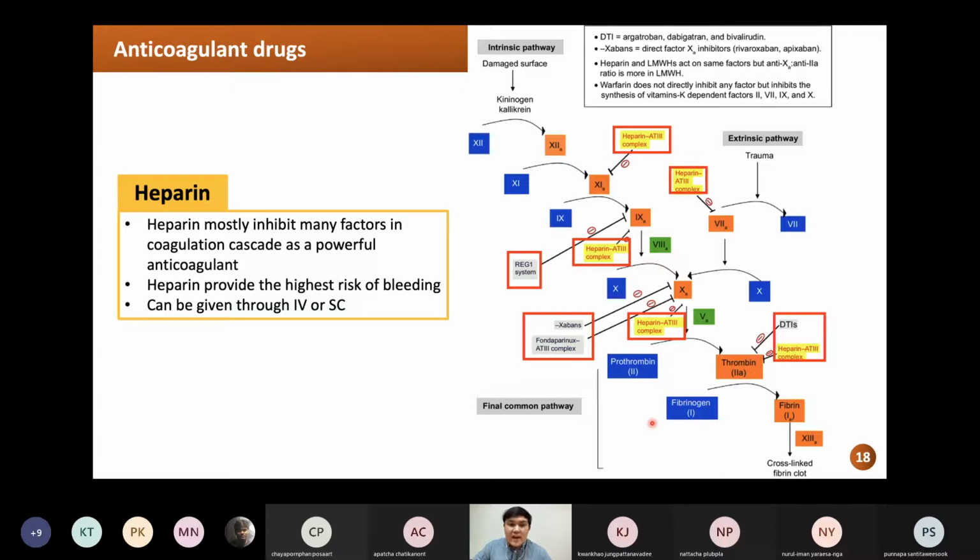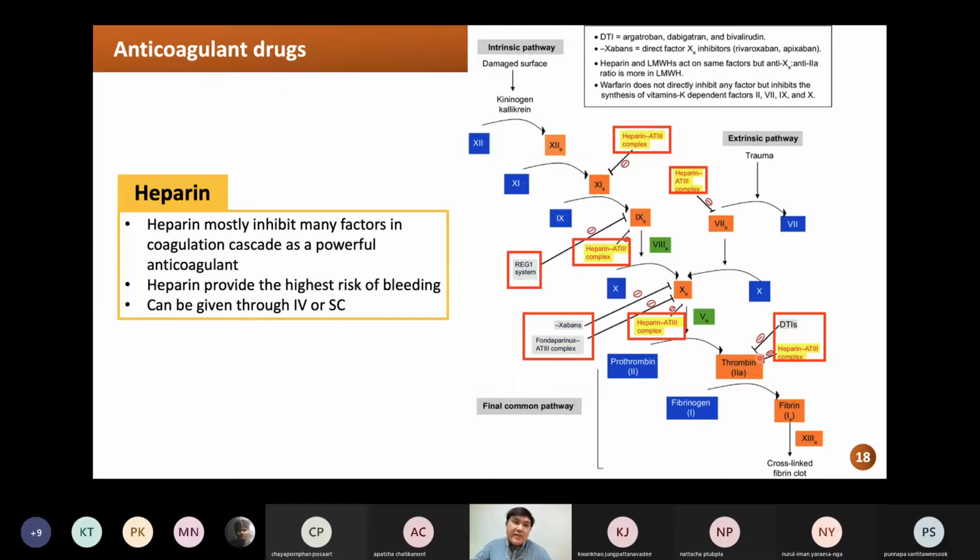But on the other hand, heparin might also carry a higher risk of bleeding, as you can see it acts on many factors in this coagulation cascade, right?